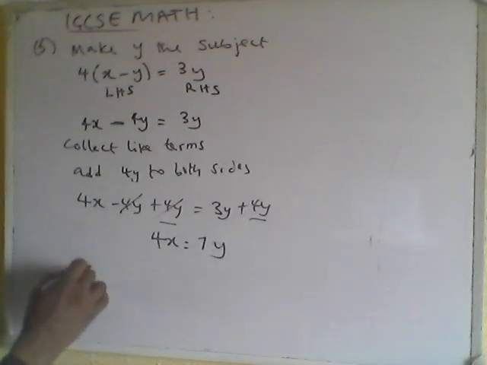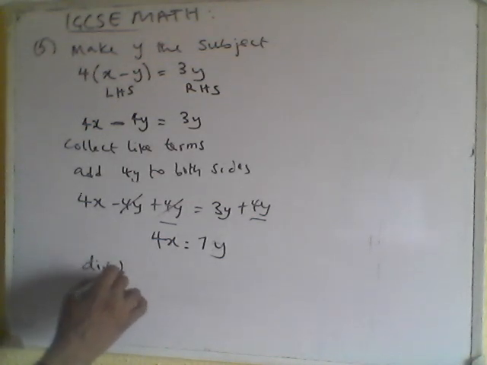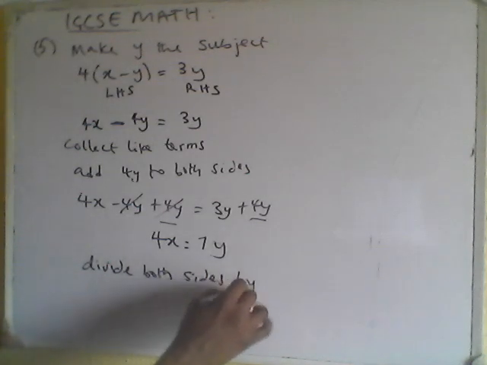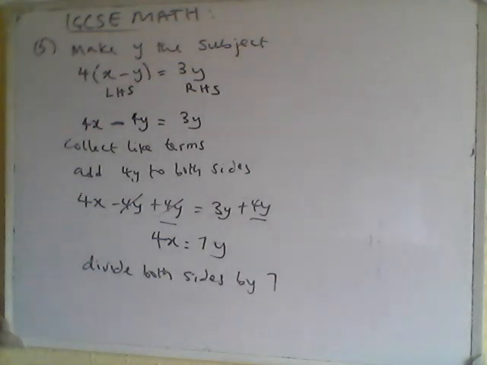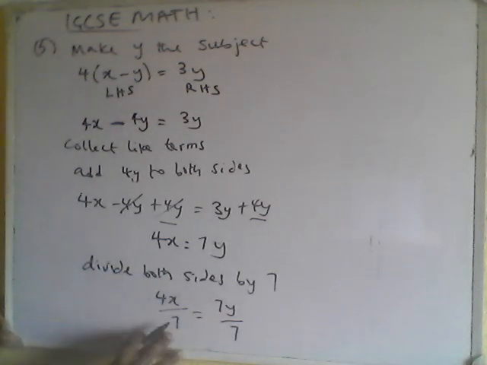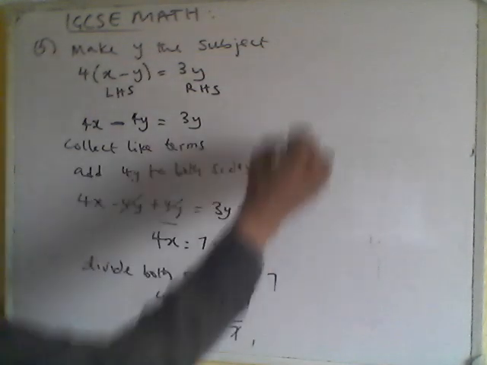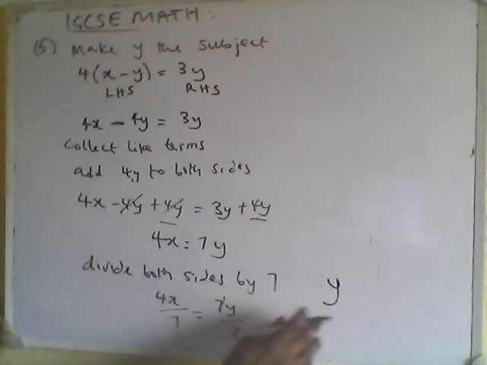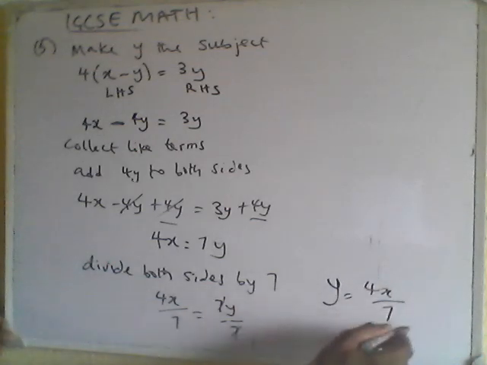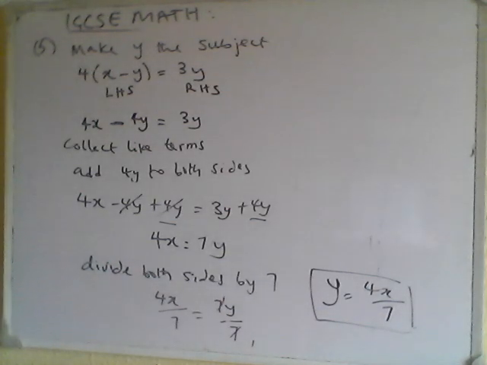I will divide both sides by 7. So here, I will now say 4x over 7 equals 7y over 7. See 7 here and 7 here. 7 cancels, and I have finally y equals 4x over 7. So this is the new subject of the formula for that expression.